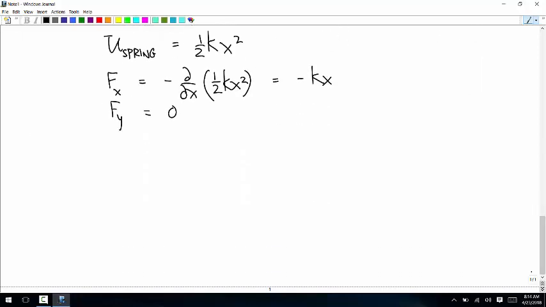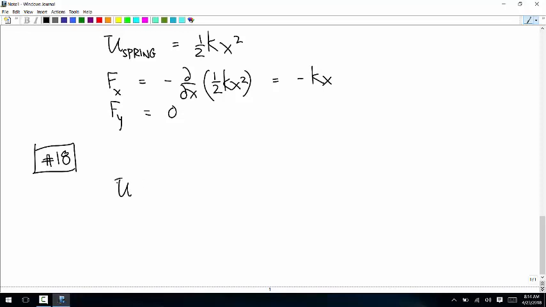Okay, so let's do 18. Let's do 18 because it's the same thing, right? Okay, so the only forces acting on this object are two potential energy fields.